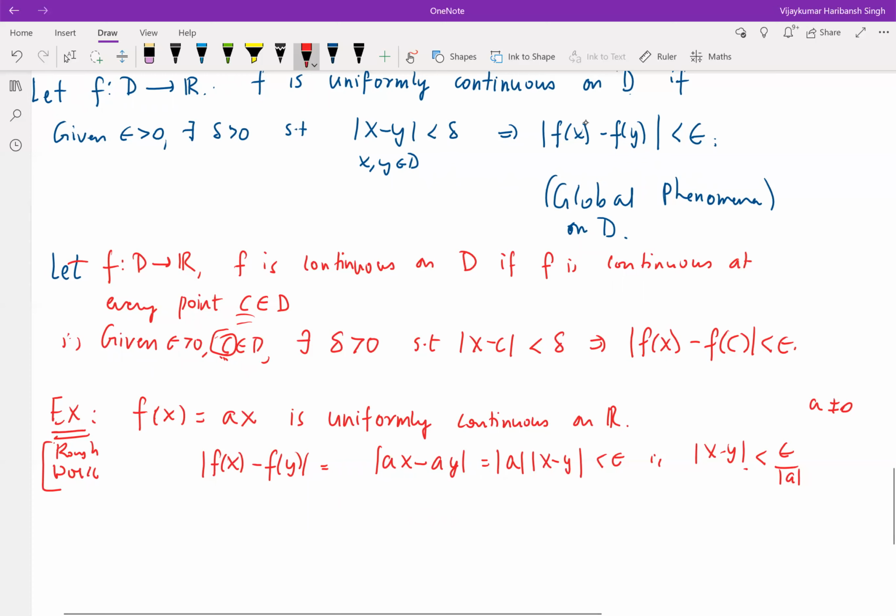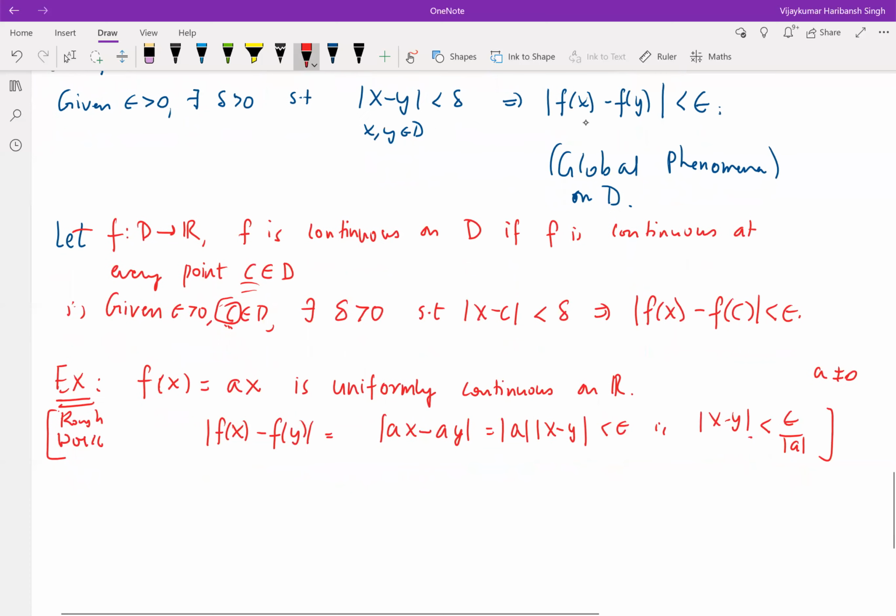You see, we haven't appealed to any particular point in this case. So let's write down the proof now. Given epsilon greater than 0, delta equals epsilon by the absolute value of a. I will impose a not equal to 0 so that there is no chance of confusion. Such that the moment |x - y| is less than epsilon by |a|, which is my delta, what do I get?